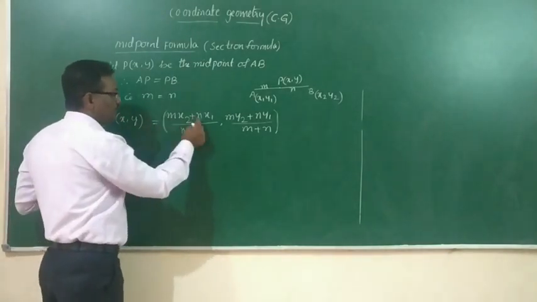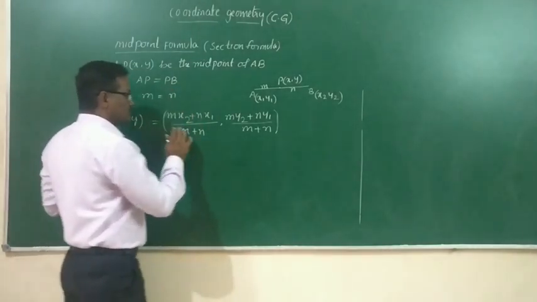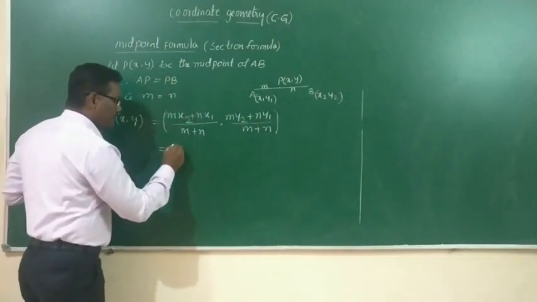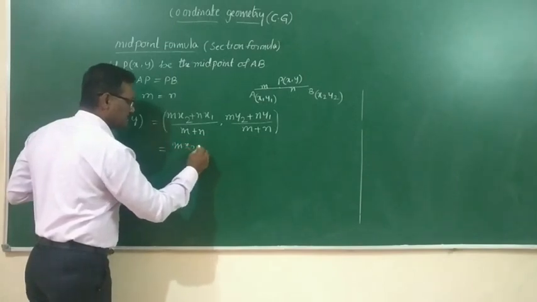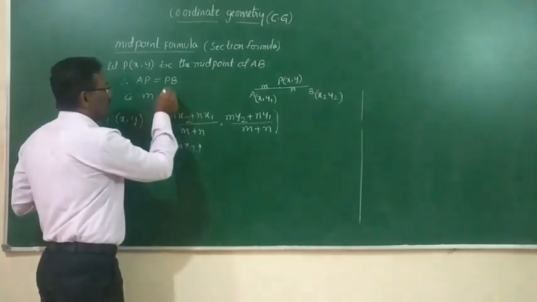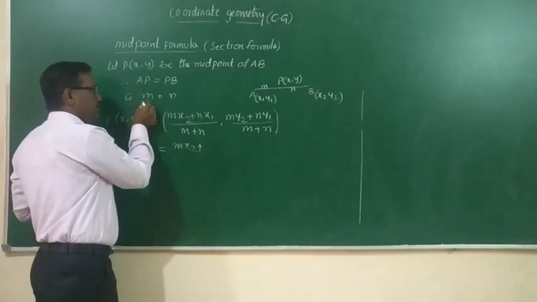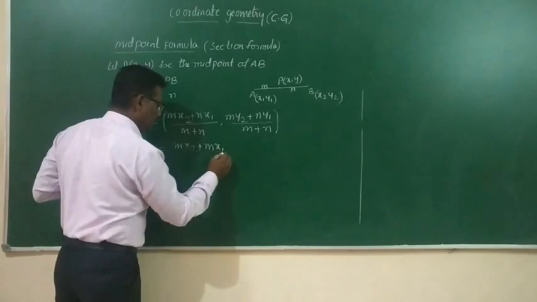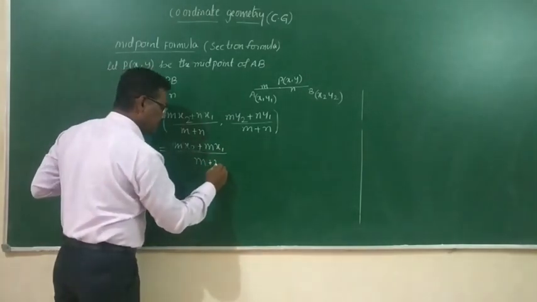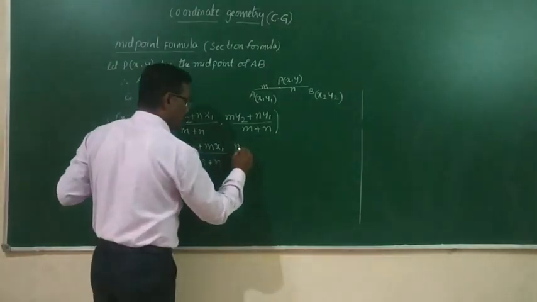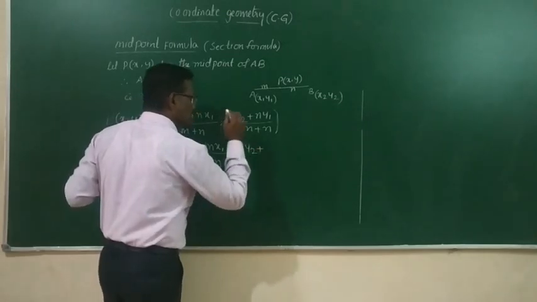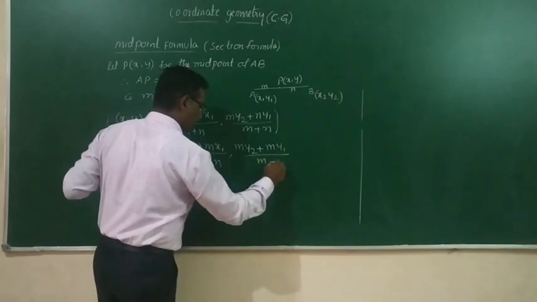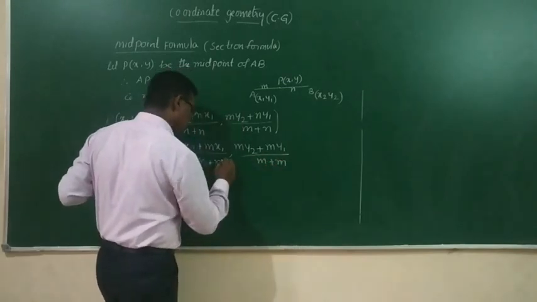But here m and n are equal. So mx2 plus nx1: n is nothing but m, replace n by m. So mx2 plus mx1 by m plus m, my2 plus my1 by m plus m, here also m.